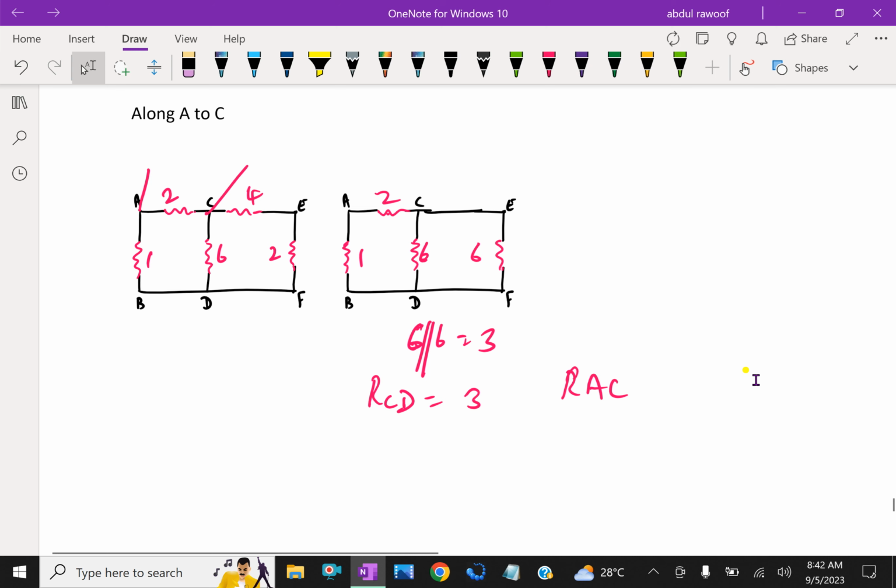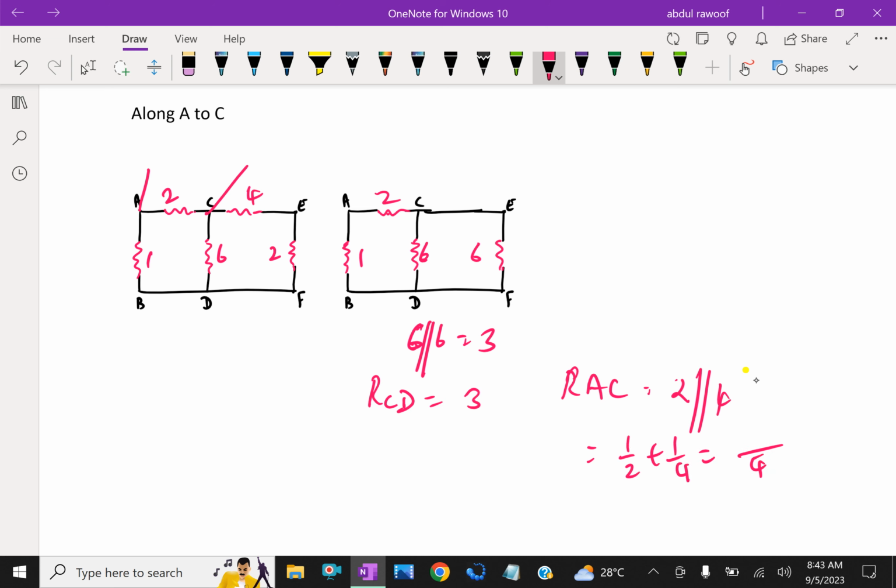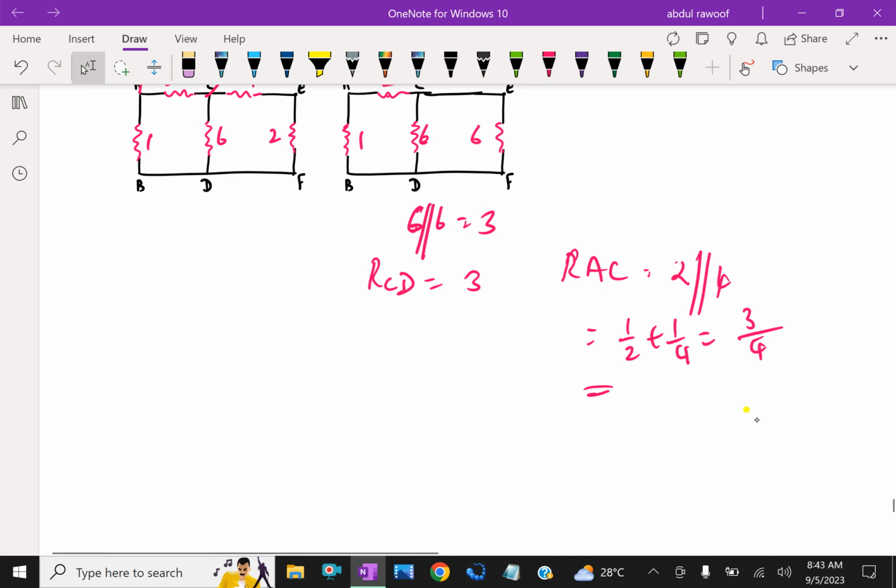RAC is 2 parallel to 4. 2 parallel 4 gives 1 by 2 plus 1 by 4 equals 3 by 4, then 4 by 3, which gives 4 by 3 ohms.